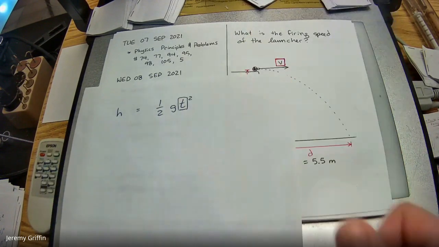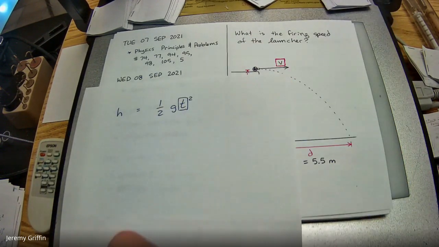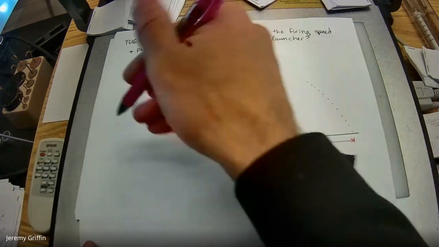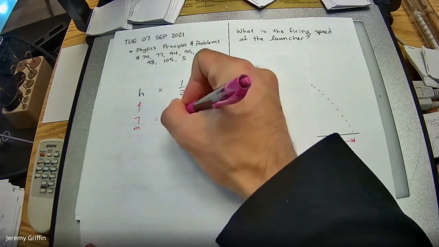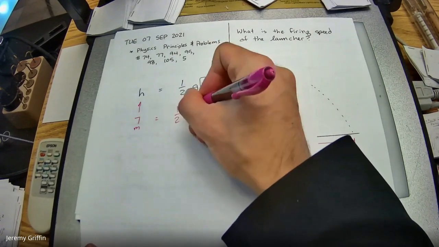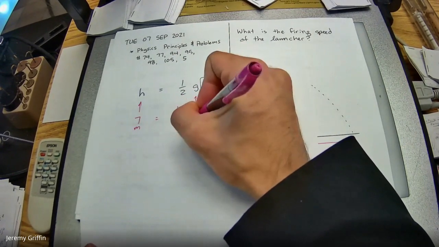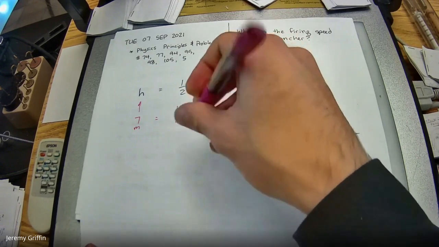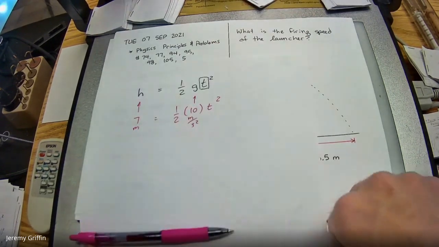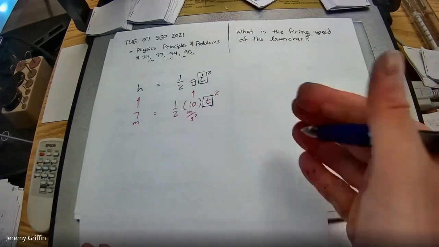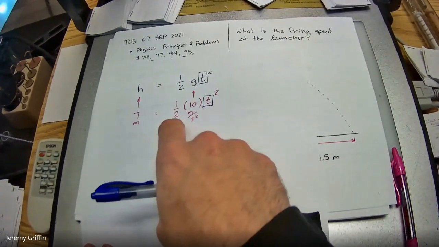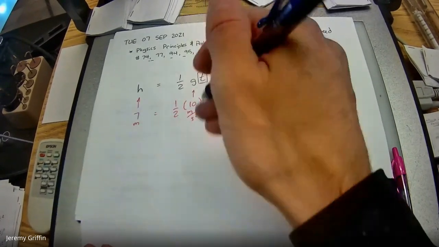Now I'm going to plug in some numbers. I know this thing fell 7 meters, so it traversed 7 meters vertically. And it was picking up speed at a rate of 10 meters per second squared. That's what g is. Can I go back and extract that time? Just do some algebra and I could do that, right? So let's see, multiply both sides by 2, divide by 10.